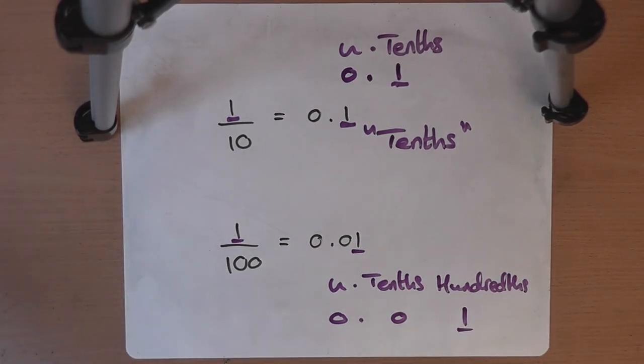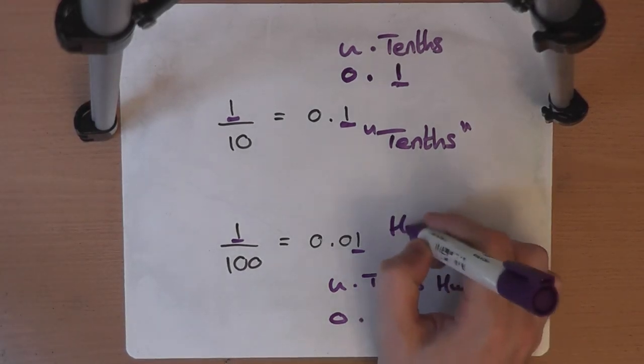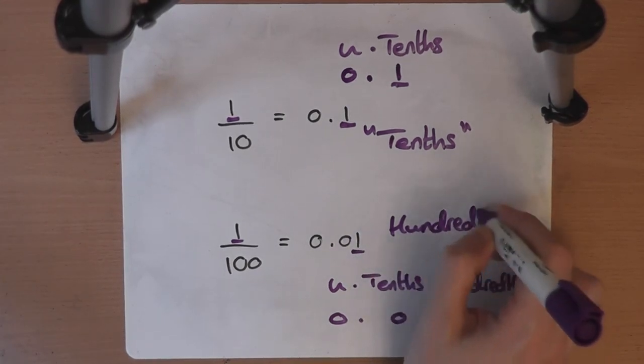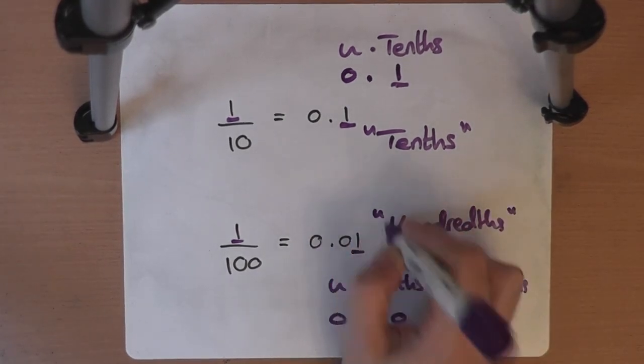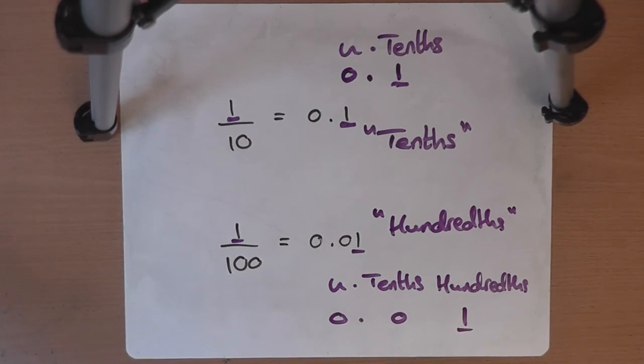And in fact, any number of hundredths would end up in that column. 2 hundredths would end up 0.02 and a 2 in the hundredths. 3 hundredths, 0.03, and a 3 in the hundredths, and so on. So in fact, that is why this column is called the hundredths. Because the decimal conversions shift you into that column.